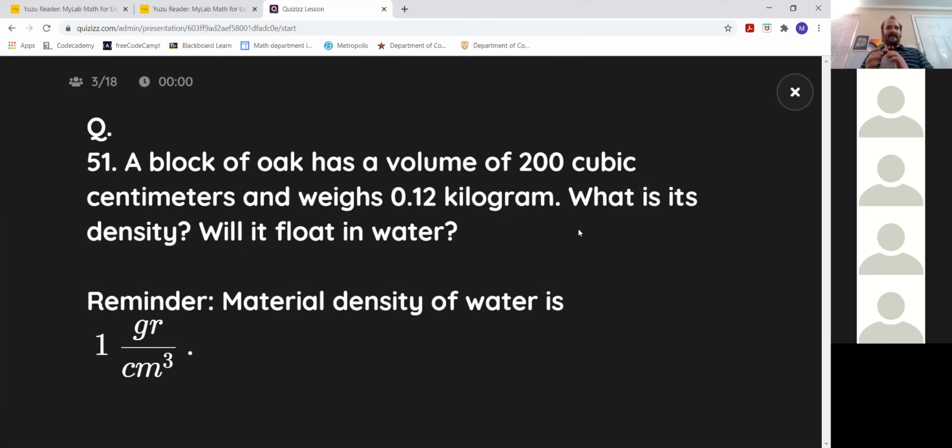Okay, I feel like 30 more seconds. We just have to convert this thing, right? No, just the first one. What is the density of this block? The next one will be, is it a floater or a sinker?